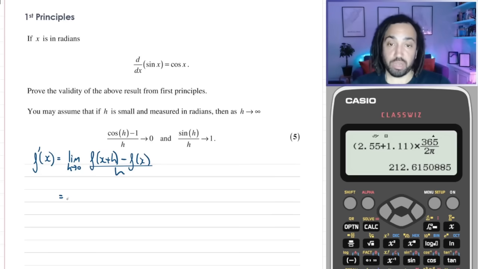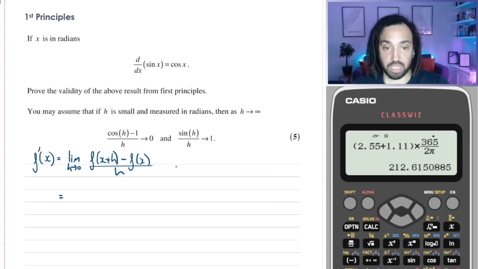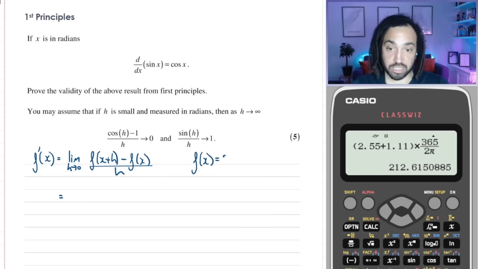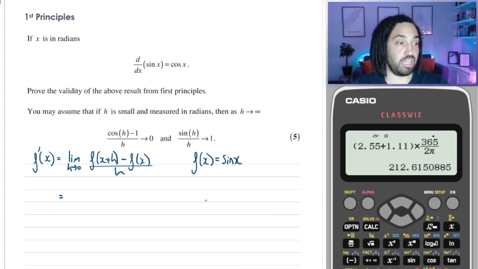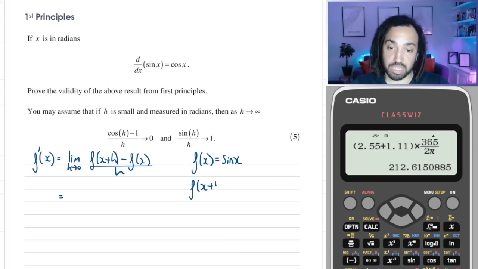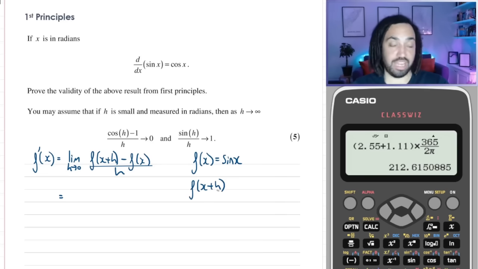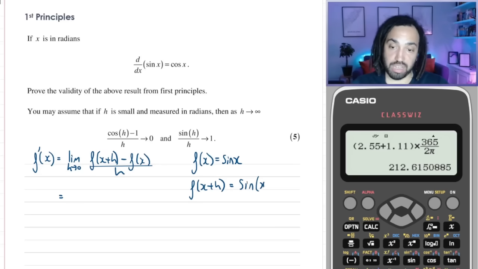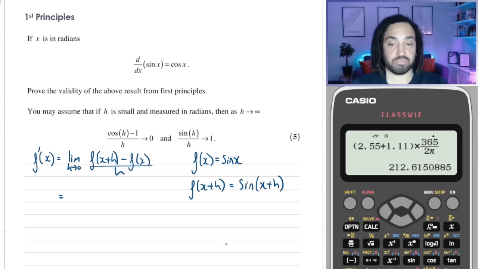Okay, so how do we work this? Well, first off, the function we're trying to differentiate is sine. So we say f of x is equal to sine x. We're then going to need to work out f of x plus h, which will be sine of x plus h.